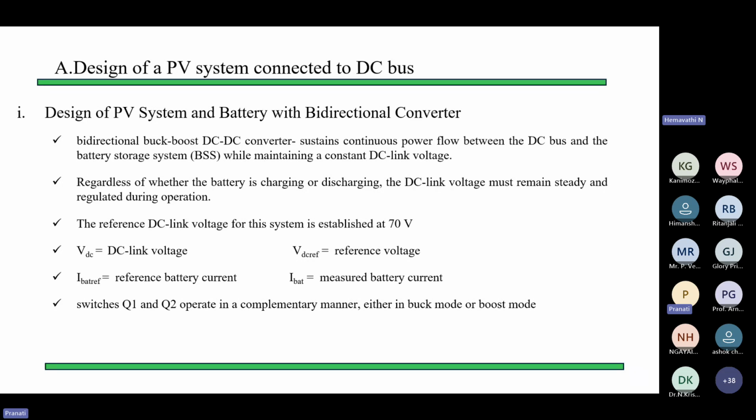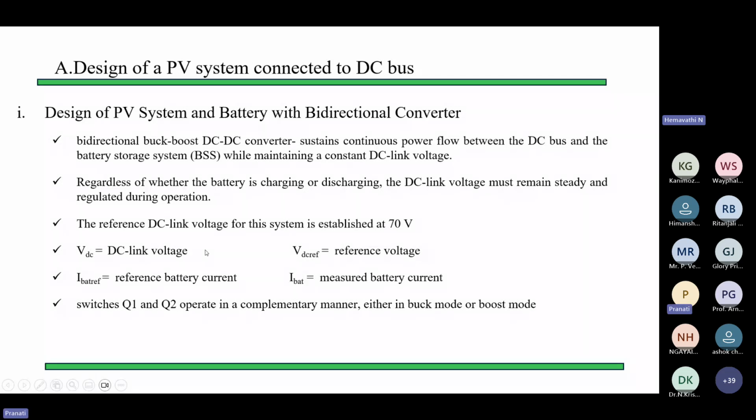Rather, whatever energy was stored in the battery when the irradiance was 1000 watt per meter square, the battery will start discharging for the load. So in any of the conditions, let it be charging, let it be discharging, we have to maintain a constant DC link voltage.